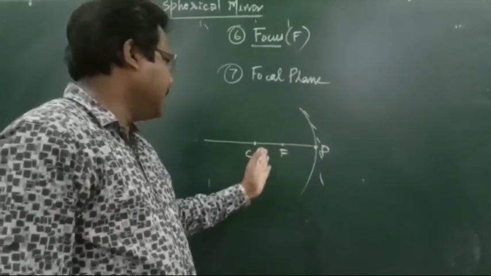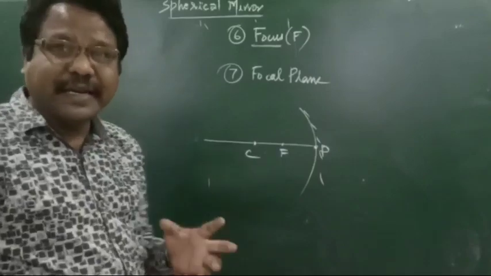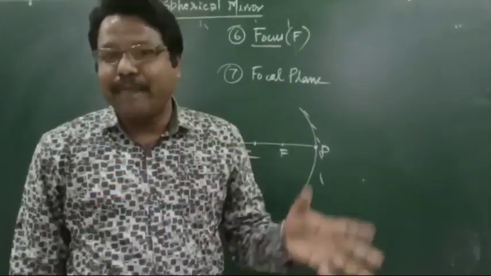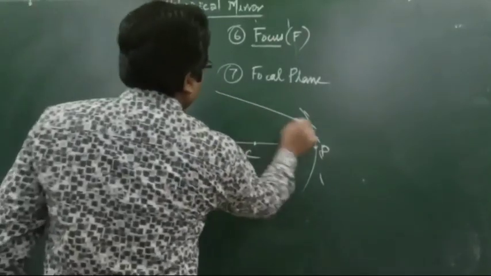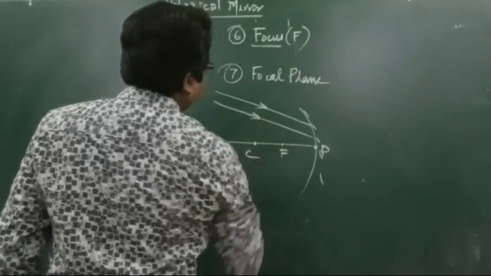Okay, left side. Now this time the rays are incident parallel to one another. Parallel beam is incident, but the rays are not parallel to principal axis. They are parallel to one another, but they are not parallel to principal axis.